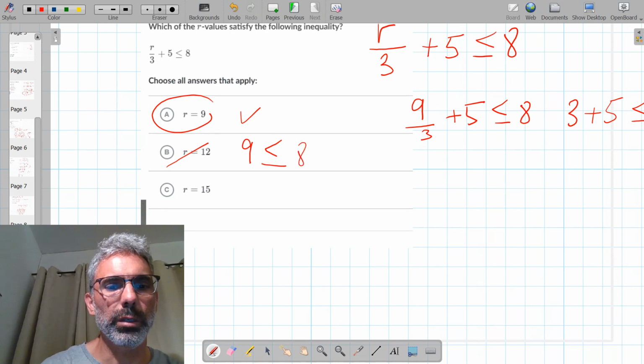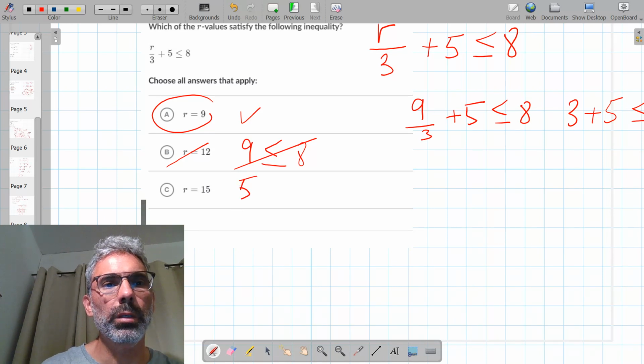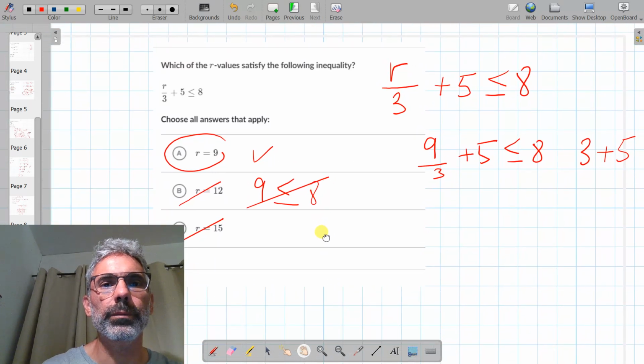It's greater than 8. So this is incorrect. Okay. 15. Okay, we are getting bigger values for R, so it's definitely not going to satisfy the inequality. So 5 plus 5 is 10. 10 cannot be less than or equal to 8. So only 8 satisfies the inequality.